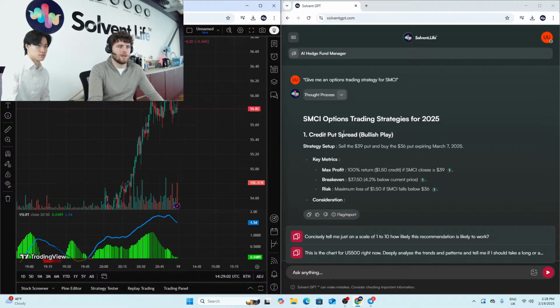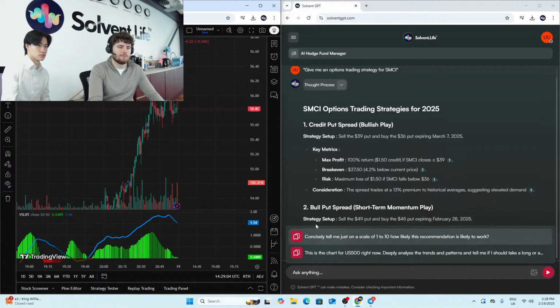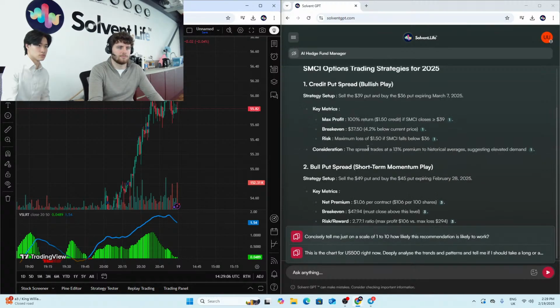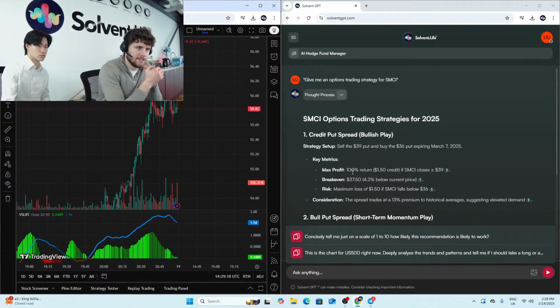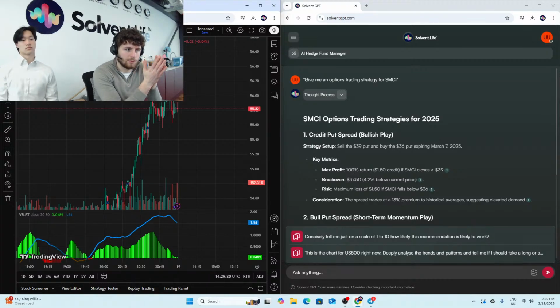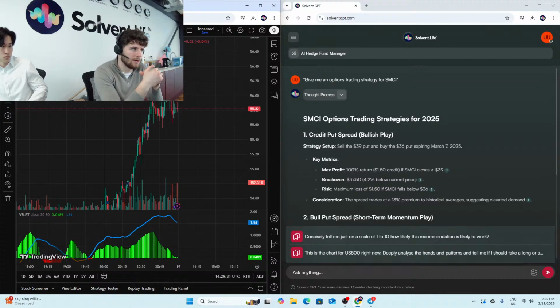So it's given us a credit put spread and then a bull put spread. Fantastic. So sell the $39 puts and buy the $36 puts, expiring March the 7th. The max profit is 100% return, which is $1.50 credit, and this is if Super Micro Computer closes at or below $39.